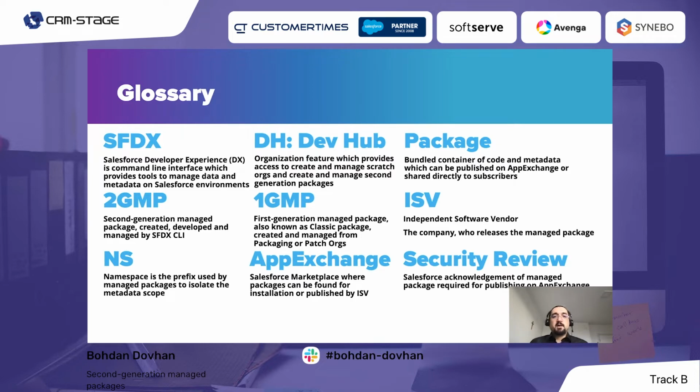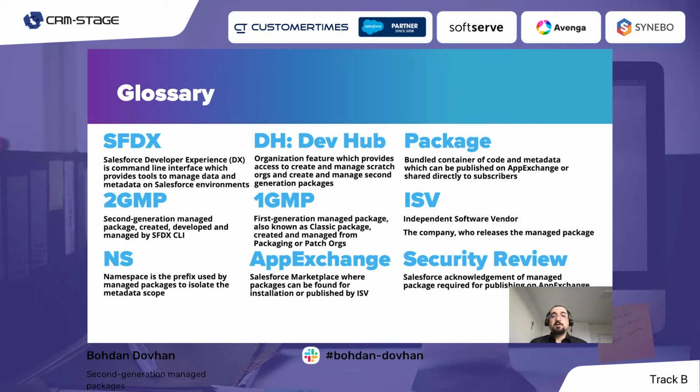If you see in my presentation the shortcut NS, it's for namespace. Namespace is a prefix used by managed packages to isolate the metadata scope. What is AppExchange? AppExchange is the Salesforce marketplace where packages can be found for installation or can be published by ISV, by independent software vendors.